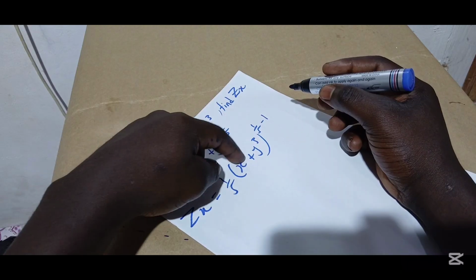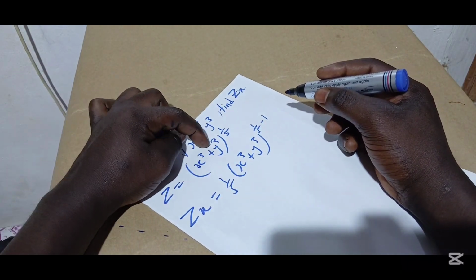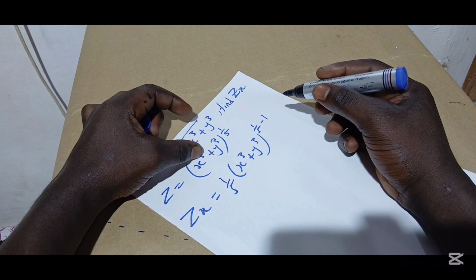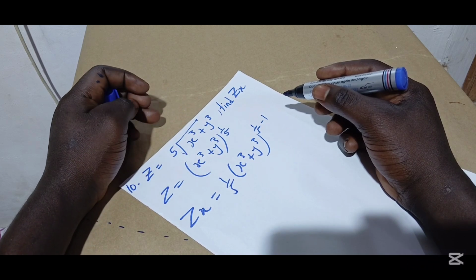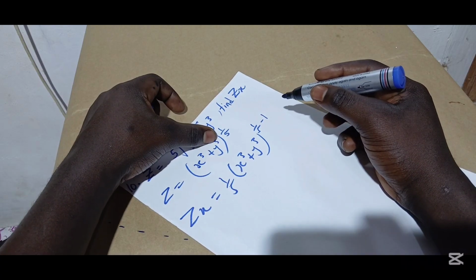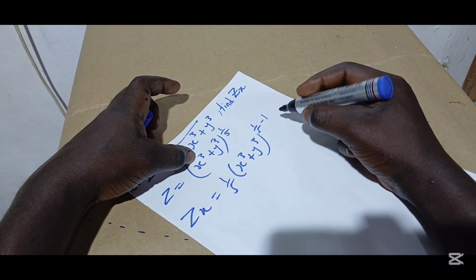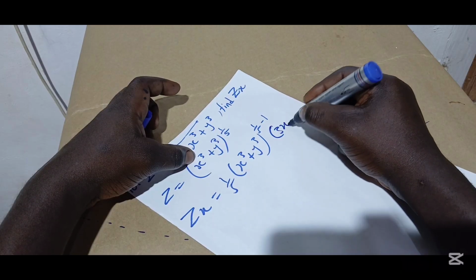But in this case, we are doing it with respect to y. It's partial differentiation. So the term that does not contain x goes 0 because we are differentiating x. So we're differentiating x to the power 3, which gives us 3x squared.